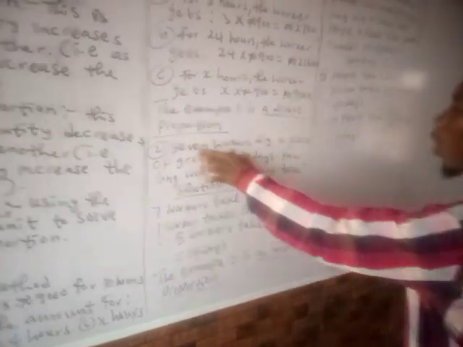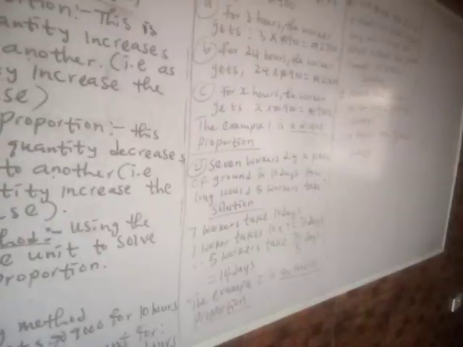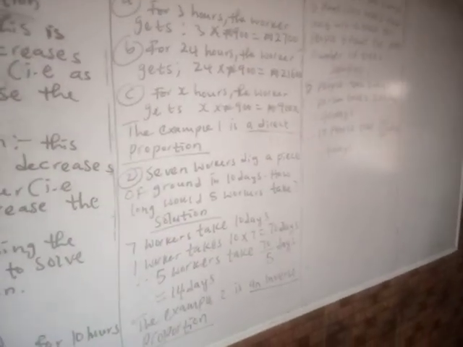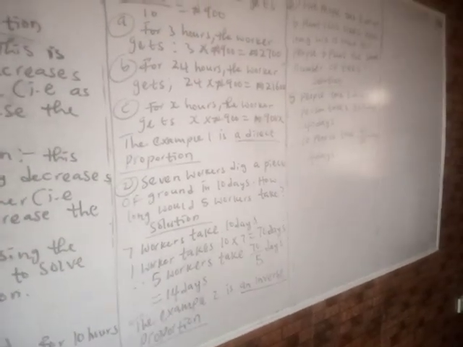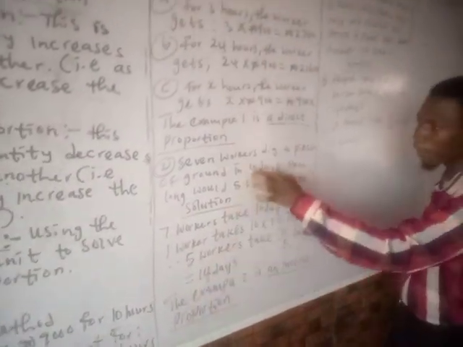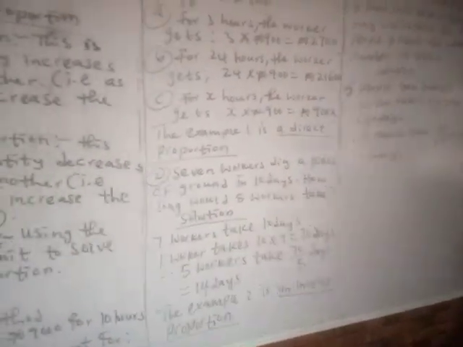Because here we have 7 workers that did the work for 10 days. So as they reduce the workers, what happens? The days increase. From 10 days to 14 days. So the days increase as they reduce the number of workers. Is that clear? Yes.